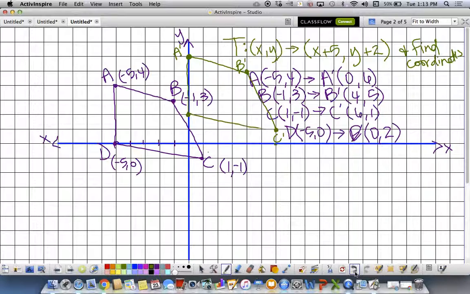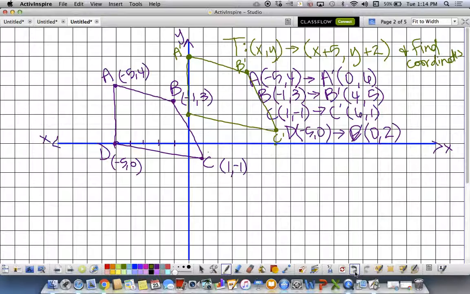Yes, we did. Another way to check yourself. If they're going to be isometric, meaning the length from A to B has to be the same length from A prime to B prime. Or you can just move each point the 5 ways.